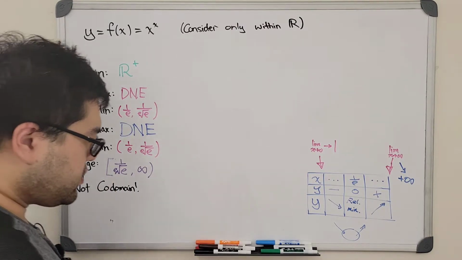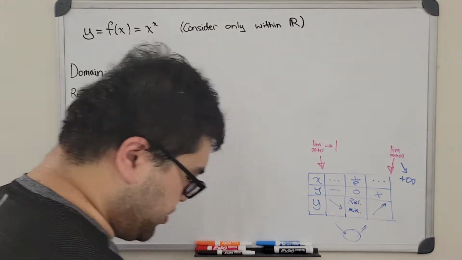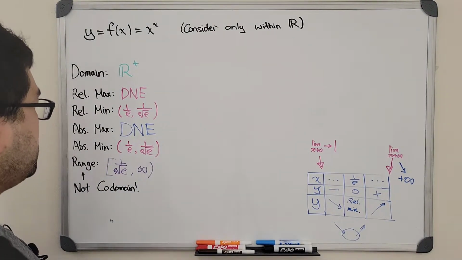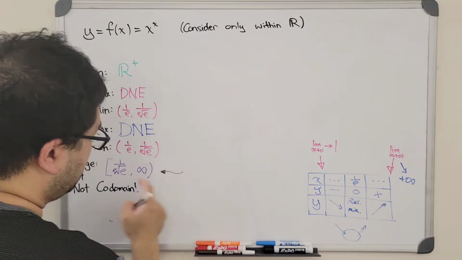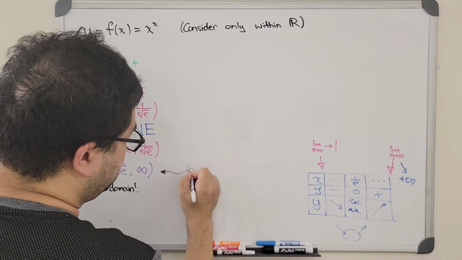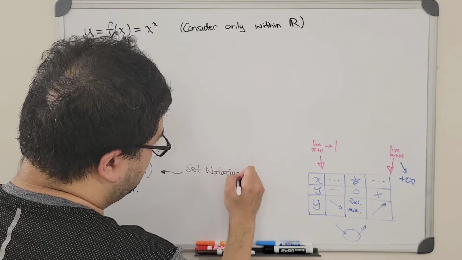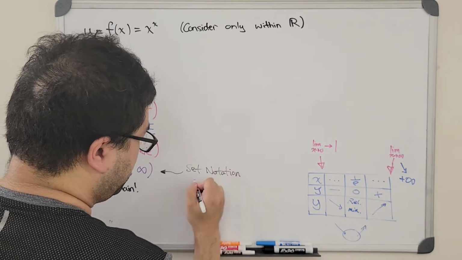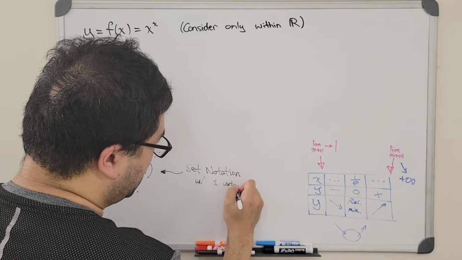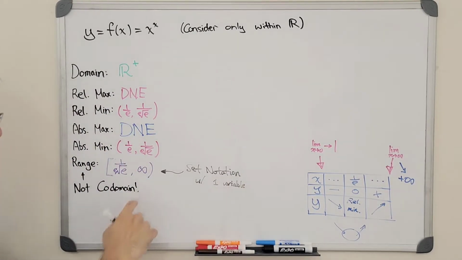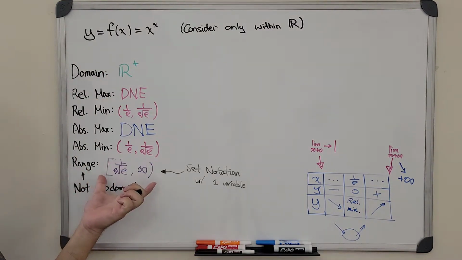So here, we need to be careful that when we use the notations here, this is a set notation, and it only contains one variable, meaning that we're only considering the y value, and this here is what we call an interval.